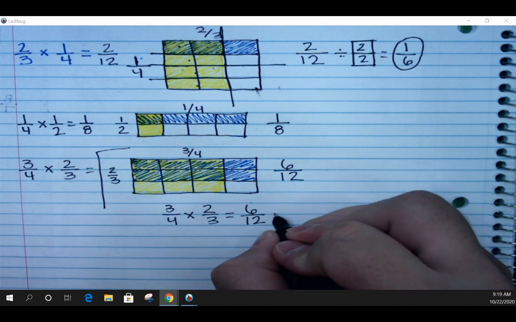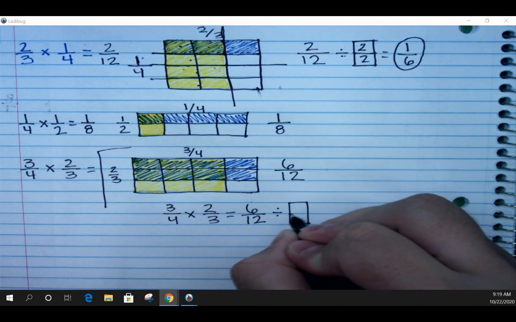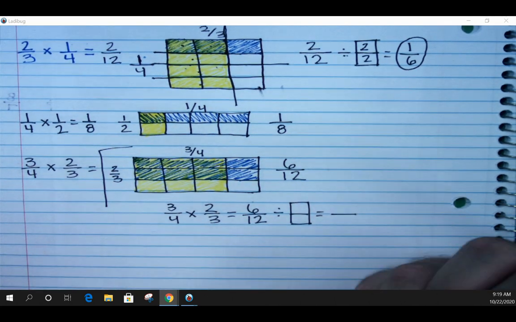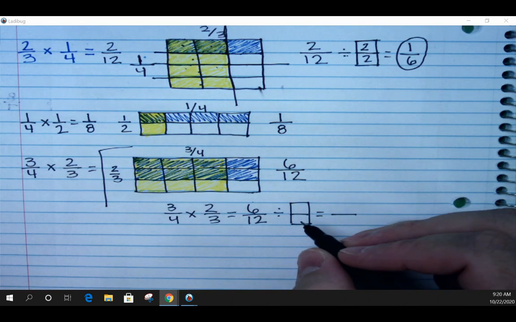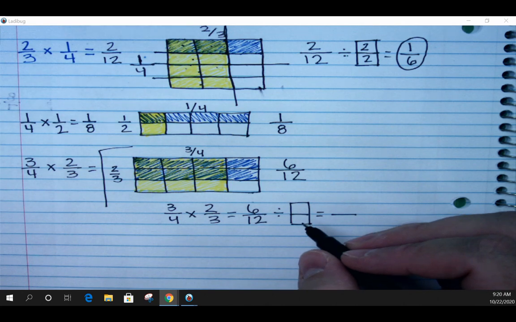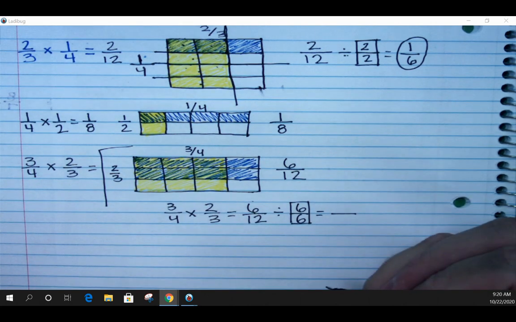Now let's divide 6/12 by a form of 1 to get something. What will go into 6 and 12? 2 will. Anything else? 6 and 3. So what number should I use? I should use 6 because that's the biggest number that'll go into both of them.